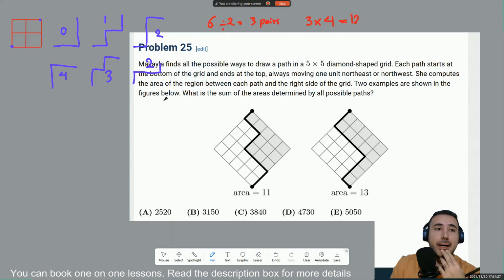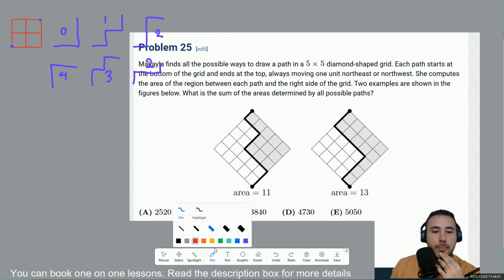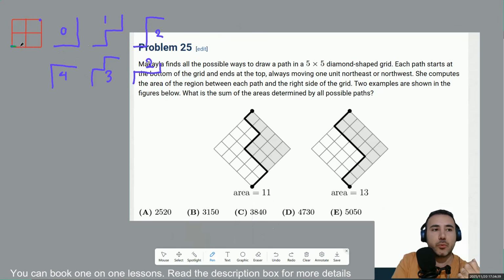So, but how do we count the number of paths? It's very easy, just listen to me. So, the number goes like this. Look, to go from here, we need to go right 2 times and up 2 times. That's it.